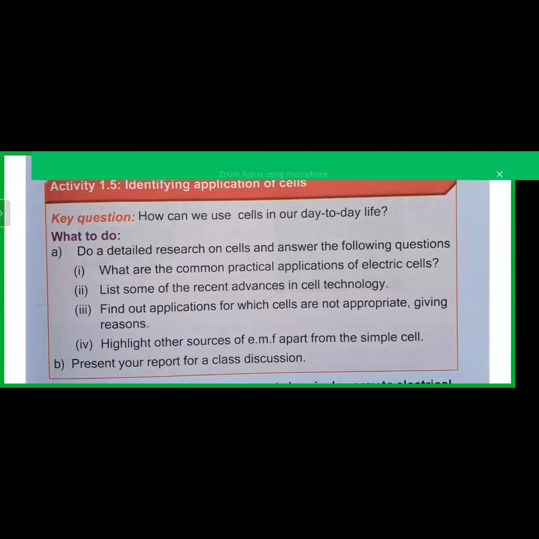Is that true? I'm not sure. I think it is true. Some primary cells, they have now created some cells that can be charged. They are not batteries, they are simply primary cells that can be charged because we have seen rechargeable battery torches. Haven't you seen those? Yes, Jeff, I have.